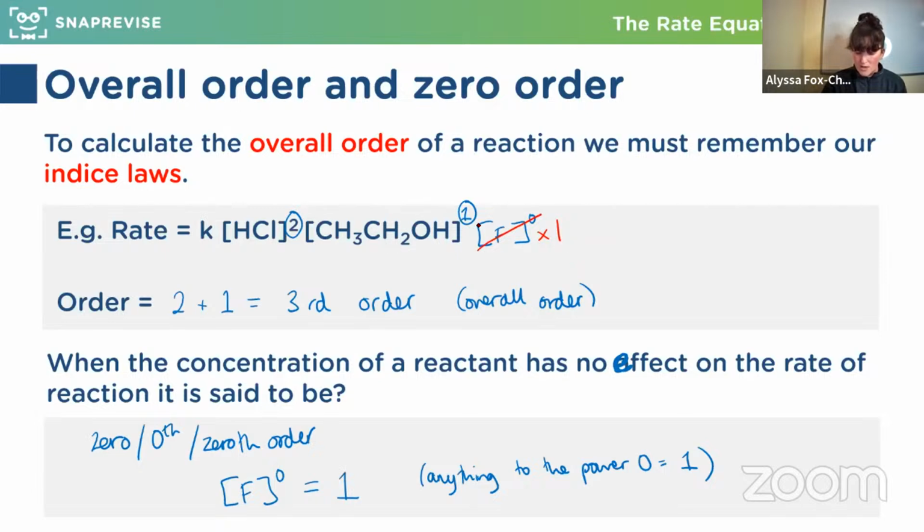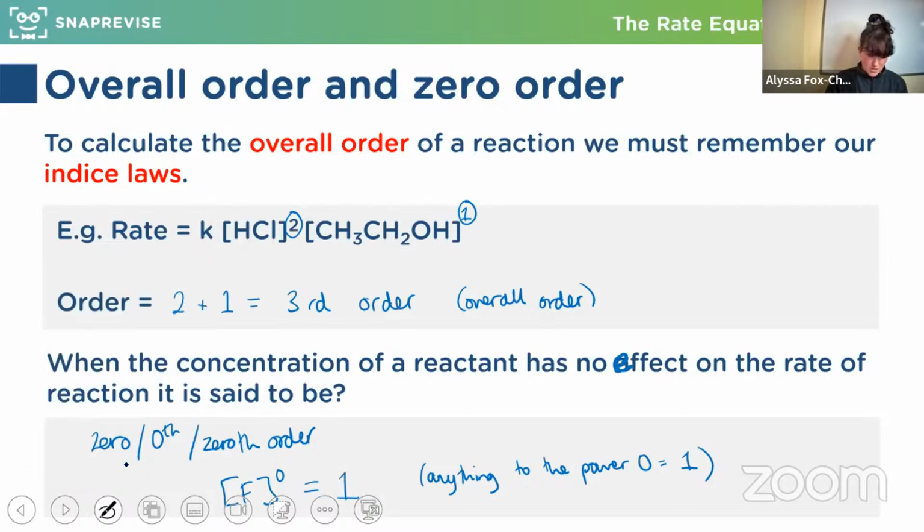Which is why we don't see anything to the power 0 in the rate equation, because why would we write it in if we didn't need to? Anything times by 1 is itself, so we can just omit it from the rate equation. So there may be reactants that are part of a reaction, but that have no effect on the rate. And therefore we won't see them in the rate equation because we're lazy and we don't include them.